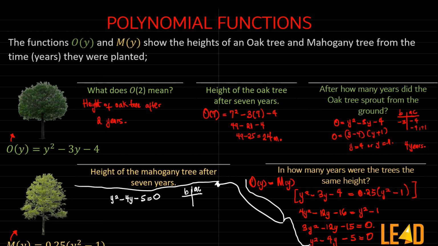AC is going to be minus 5 and B is going to be minus 4. So the two numbers that we can use would be minus 5 and plus 1. That would be y minus 5 and y plus 1.